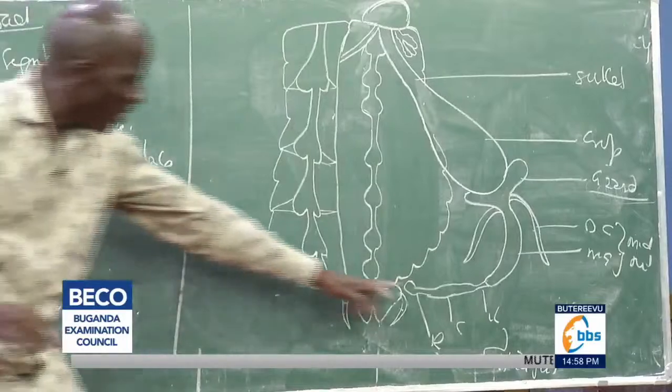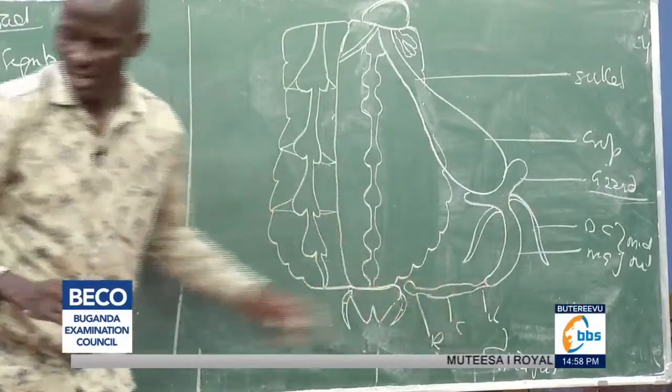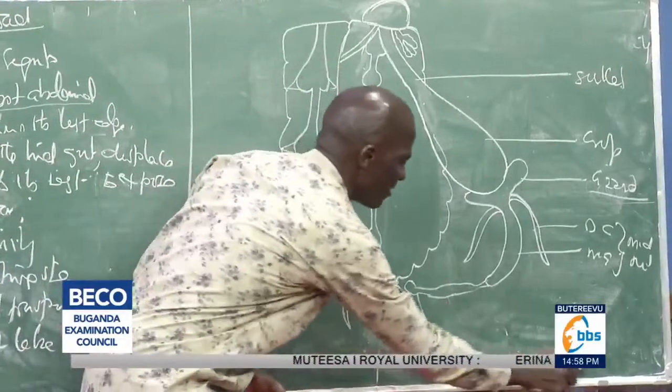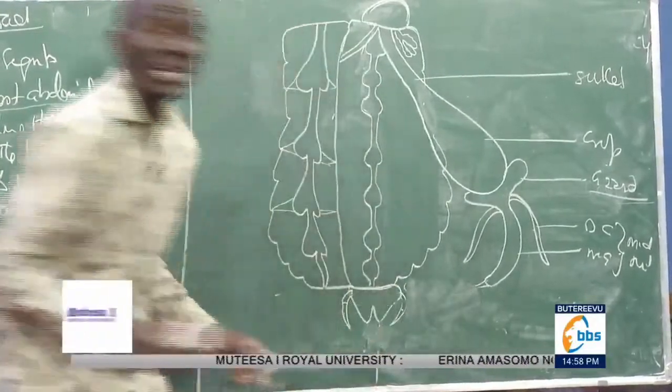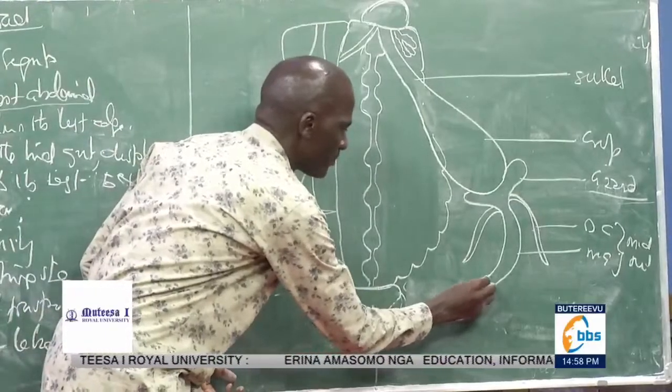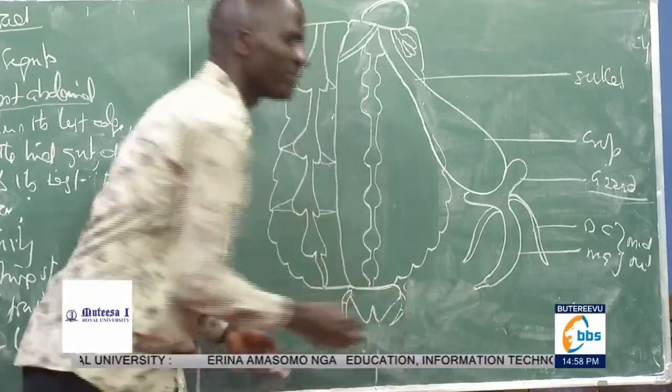Now, if you don't know this area, if you've not mastered here, and then you leave the ileum, which is supposed to be part of the hindgut, on your drawing, then you have erred.